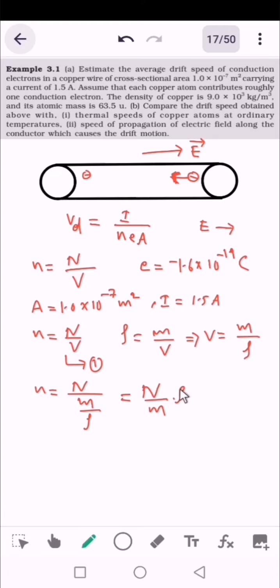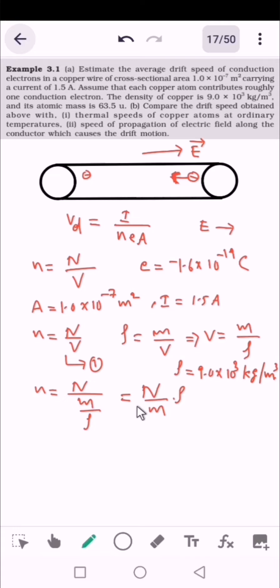All these values are given. Density is also given, you can see the density value in this question. What is the value of density here? It is 9.0 × 10^3 kilogram per meter cube. So now there is another problem. What is that problem? We don't know what m is.